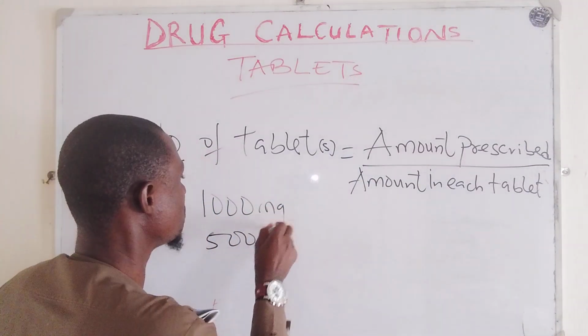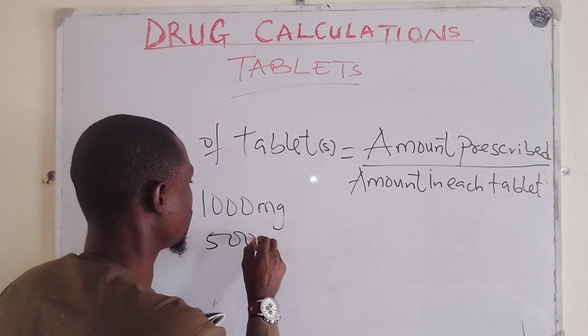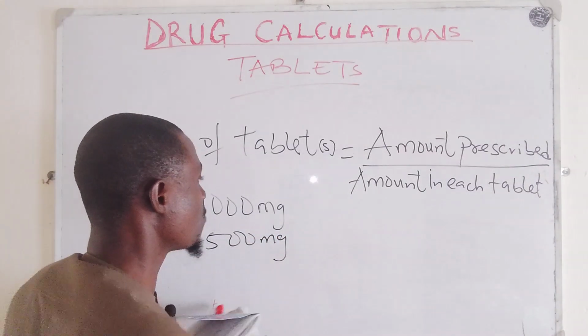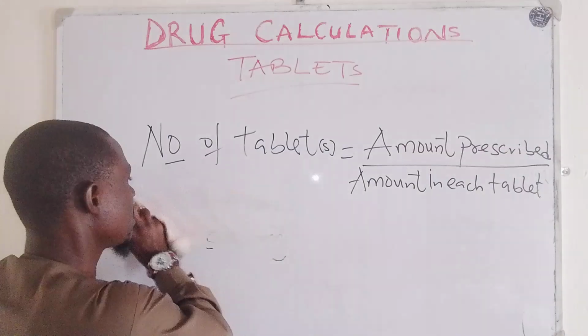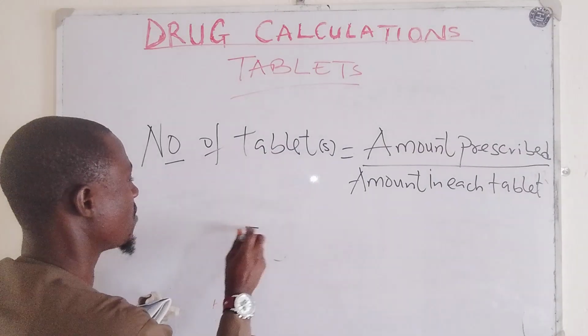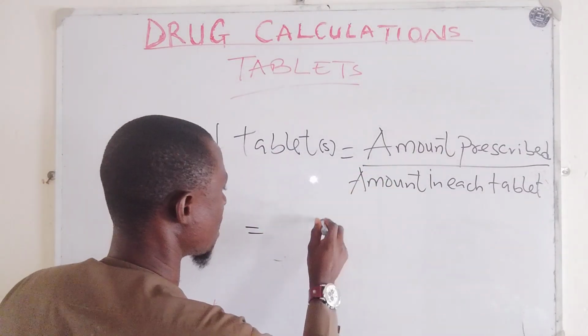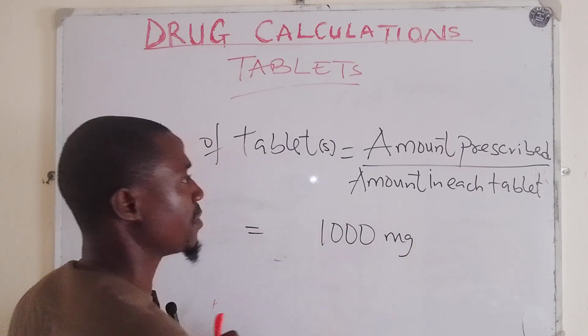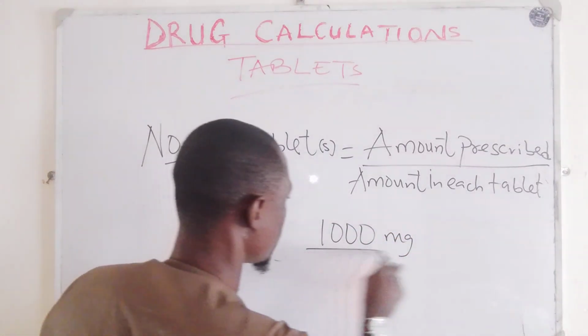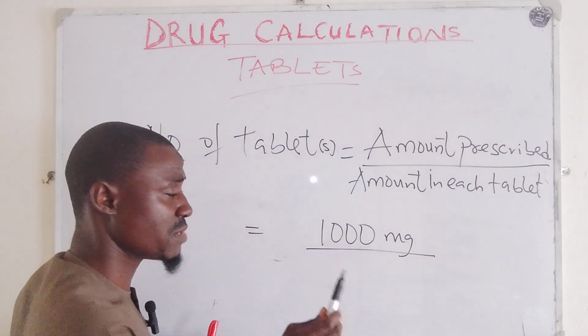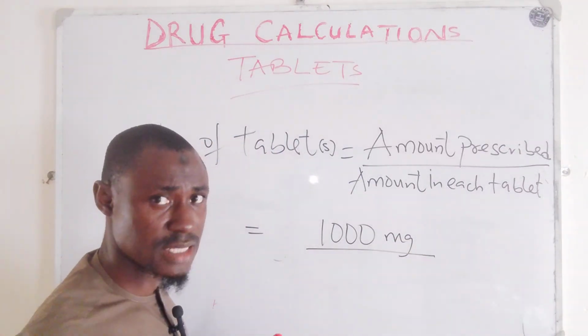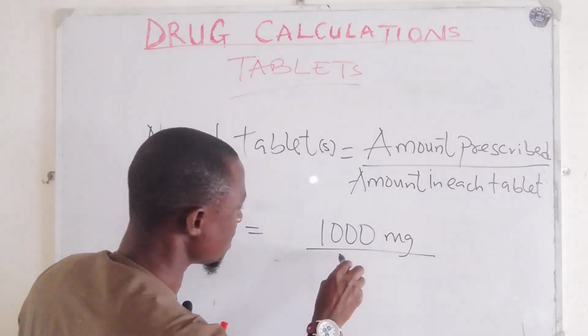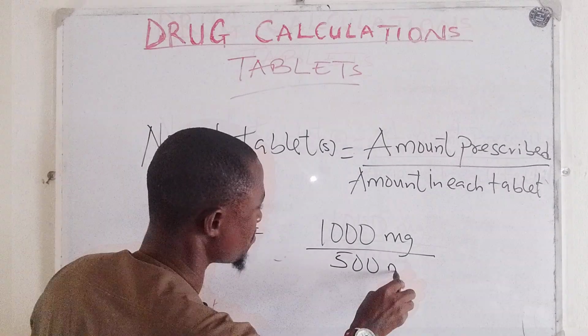So this is 1000 milligram and this is 500 milligram. Now if we apply this formula, the amount prescribed is 1000 milligram, over the amount in each tablet, which for the paracetamol tablet we just saw is 500 milligram.